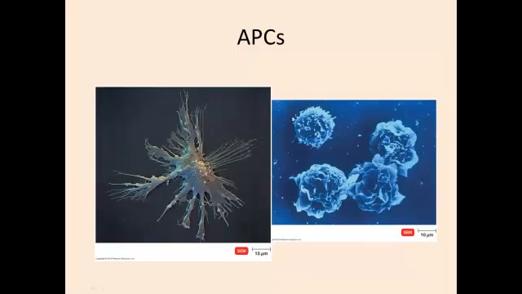So your dendritic cells, your macrophages, they phagocytize pathogens, chew them up, and then they present antigens on the surface of their cells. They present those antigens to B cells, to T cells, and that's how the innate immune system talks to the adaptive immune system.